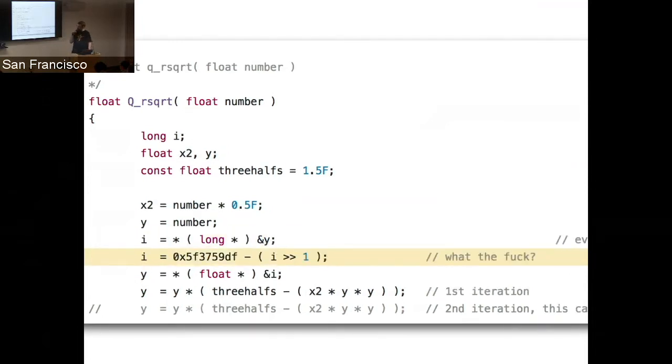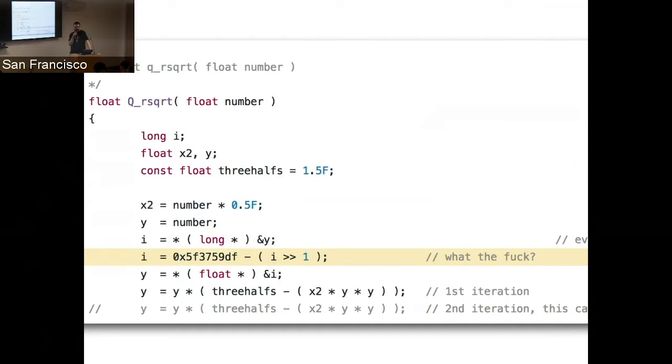In the next step, if we forget for a second about this weird constant at the beginning, we will get back to that later. What we are doing is taking the integer from the previous line and bit shifting it right by 1 bit, which is basically dividing by 2, which was a cool trick back then.